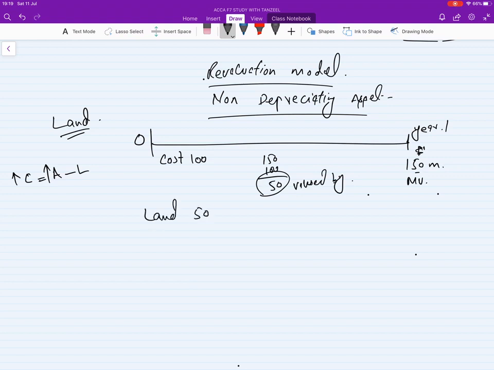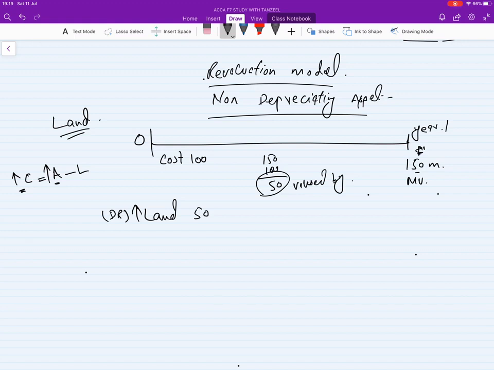Land debit. Why are you debiting land? Because it increases your asset. Once you are increasing your asset, it will increase your capital. Do not credit profit and loss. You cannot consider this as your gain because it's just an assumed gain.